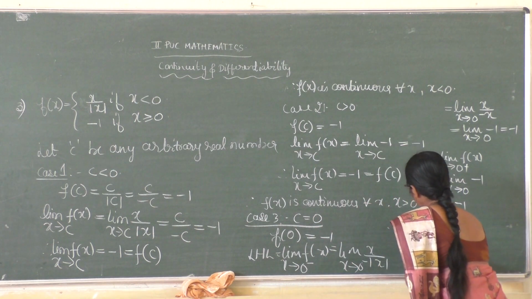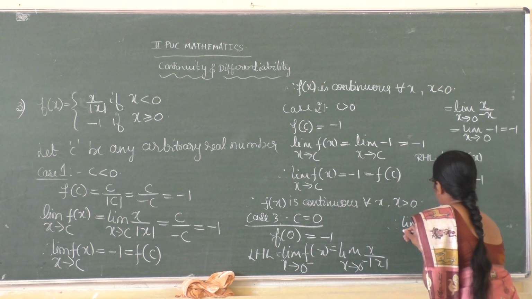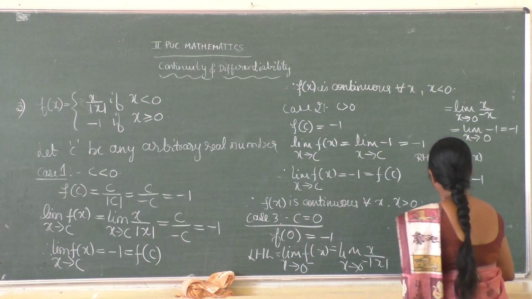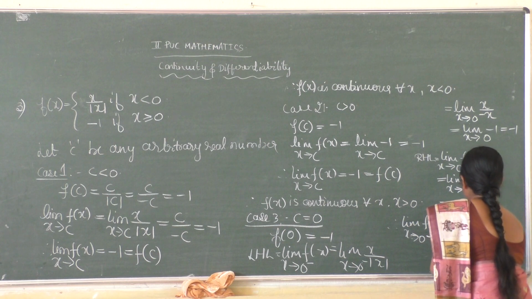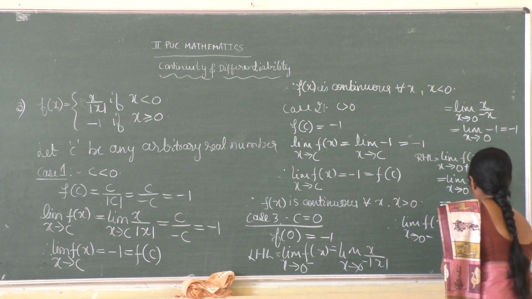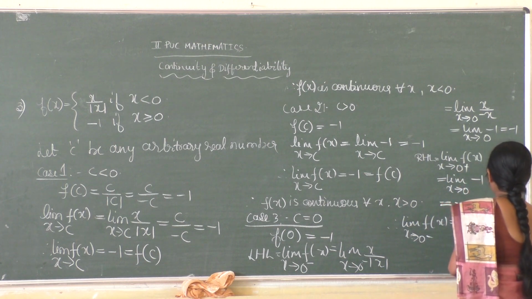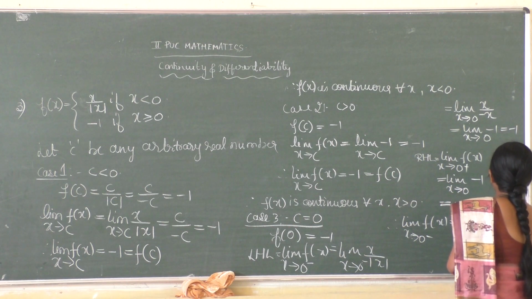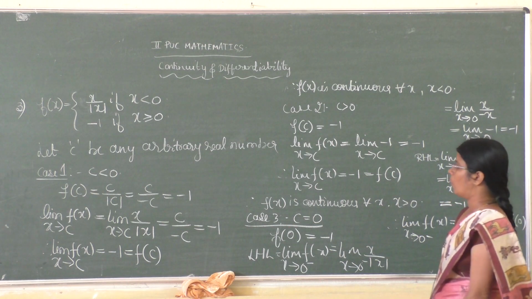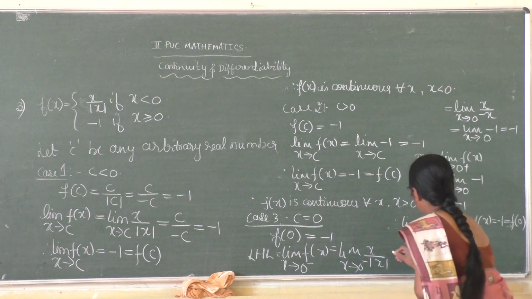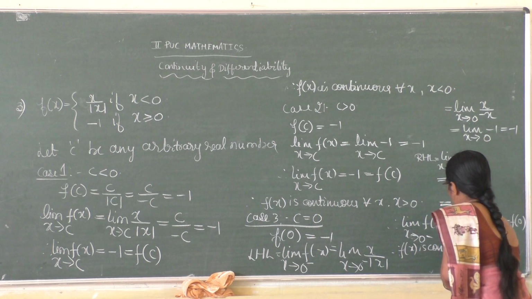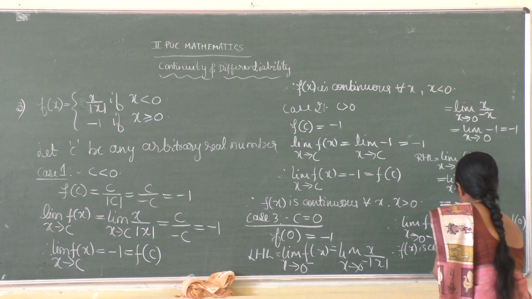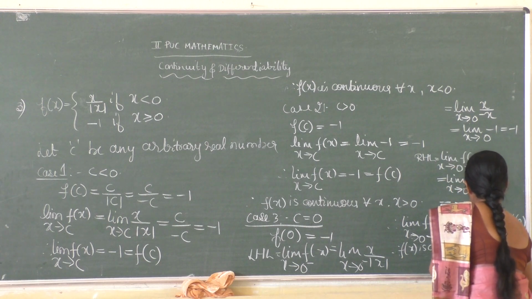Therefore, the limit of f of x as x tends to 0 from the left side equals the limit from the right side and equals minus 1, that equals the function value f of 0. Therefore, f of x is continuous at x equal to 0.